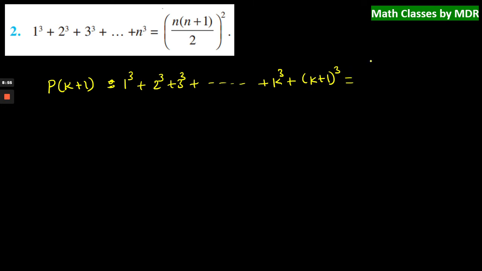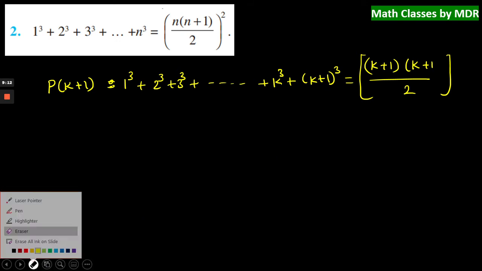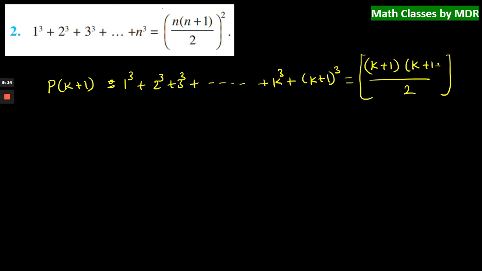So k plus 1 whole cube, and on the right side we have n, just replace with k plus 1 into k plus 1 plus 1 by 2 whole square. See this k cube, we just get it from the previous term, and then we have added one more term here, k plus 1 whole cube, right?